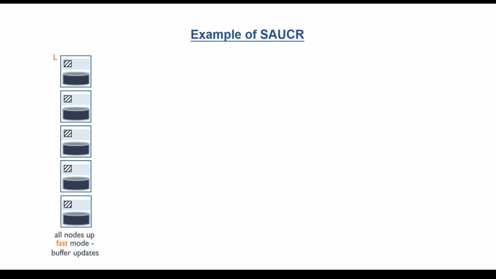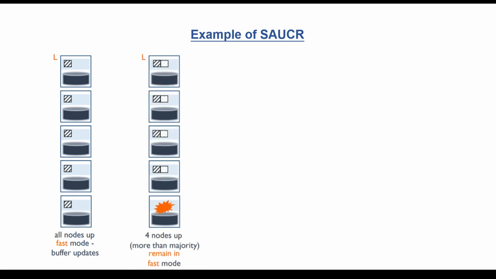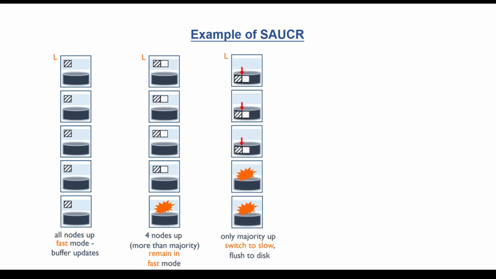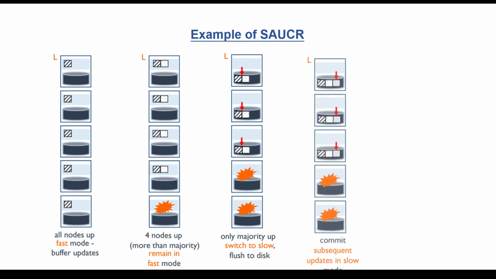So let's see an example of how SAUCR works in the total procedure. First, we have a group of 5 nodes, and only one node has crashed, and the majority of nodes are working well. It will still work in fast mode. But now, when 2 nodes in this group crash, the leader will find that they are in danger, and it will switch to slow mode, and everyone needs to flush the data to the disk.